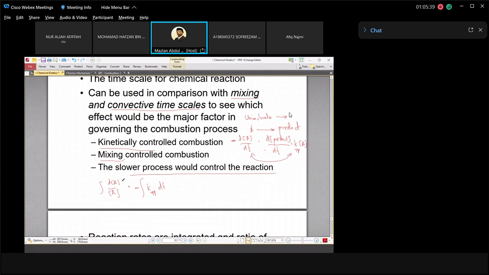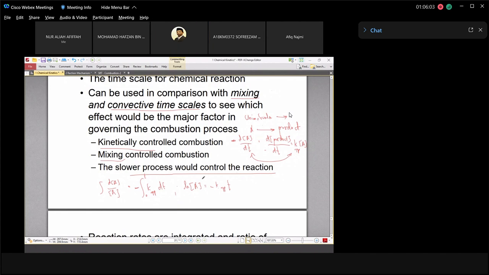And from there you can get, let's say, log A, which is equal to negative log, you can see that negative k, time.